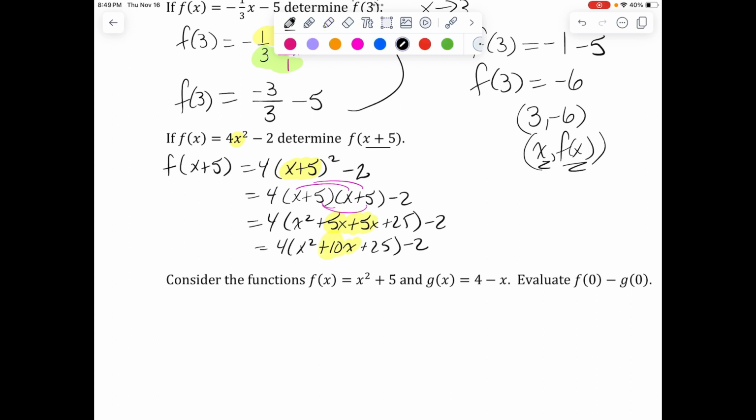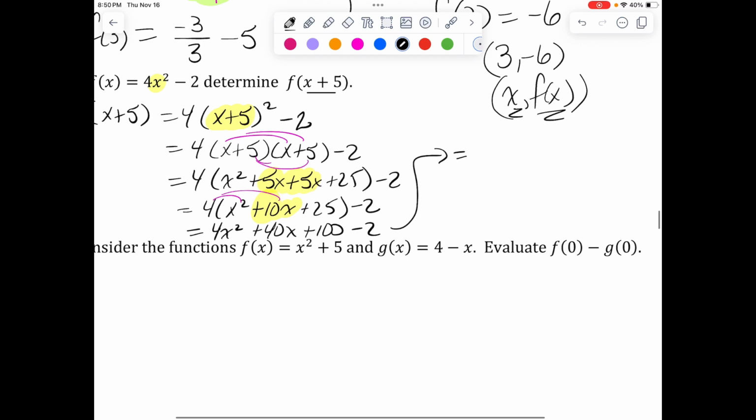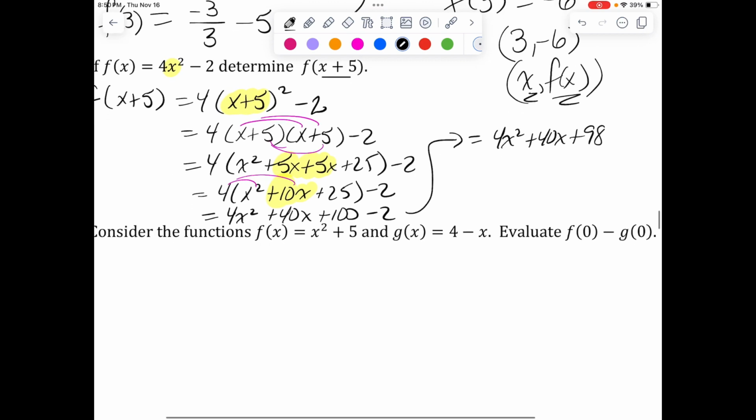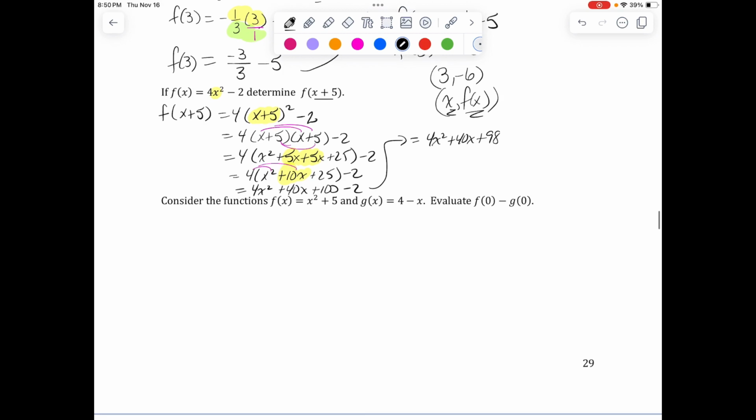And now let's distribute. Not FOIL. FOIL is when there's two sets of terms. Distribute. So we've got our 4x squared plus 40x plus 100 minus 2. And our final answer is going to be 4x squared plus 40x plus 98. So that's sort of a polynomials review.